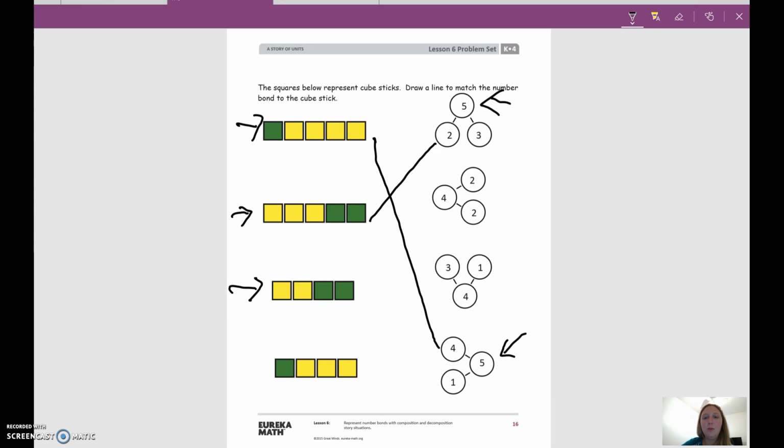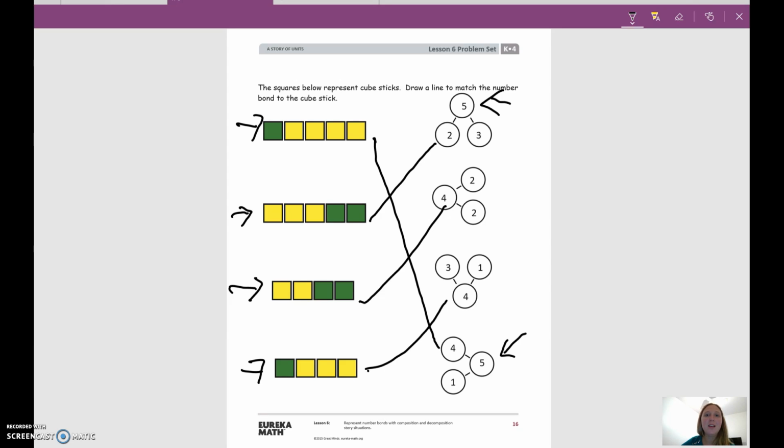So I need to find one that has 2 and 2 as the parts. This one, I see 2 and 2 in the parts. I know this one matches this one. Last one, I see 1 green cube and 3 yellow cubes. 4 equals 3 and 1. That matches. I can tie those together too.